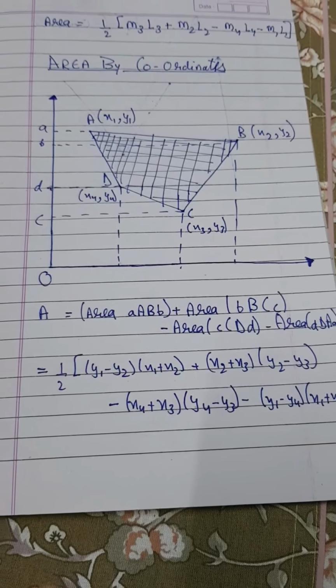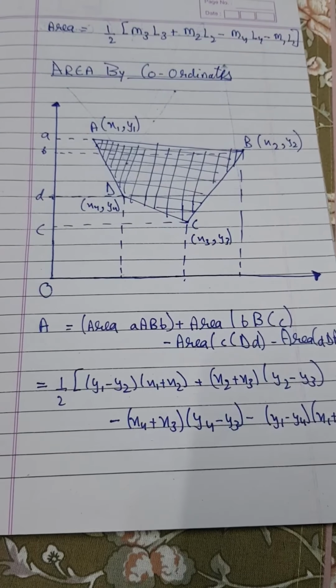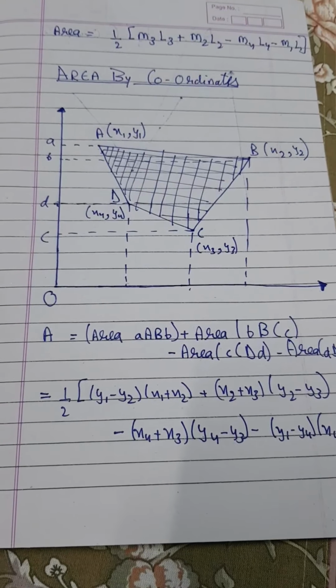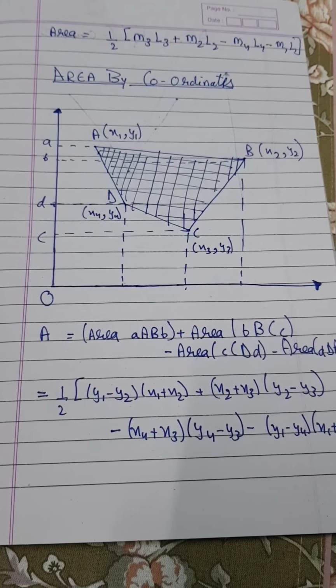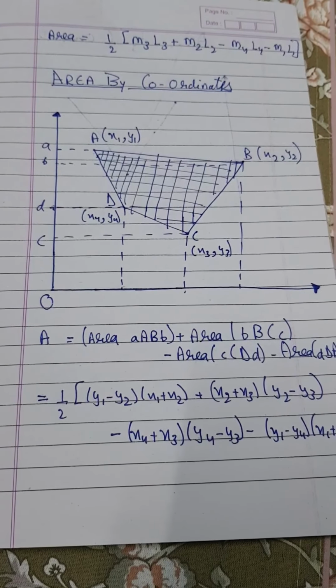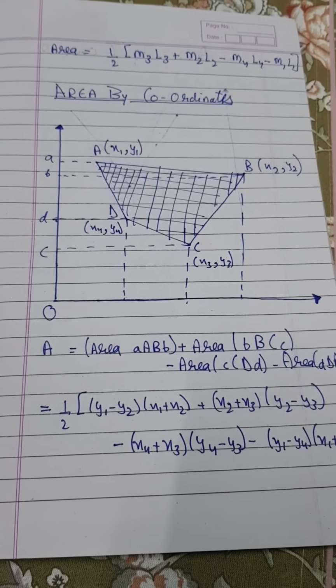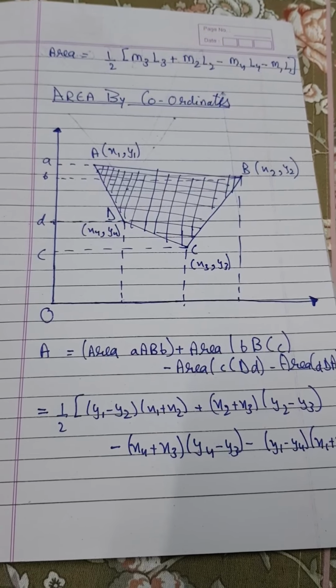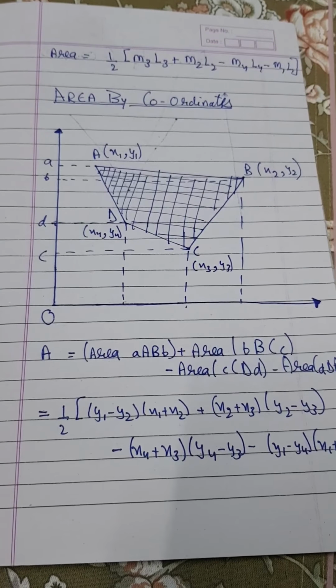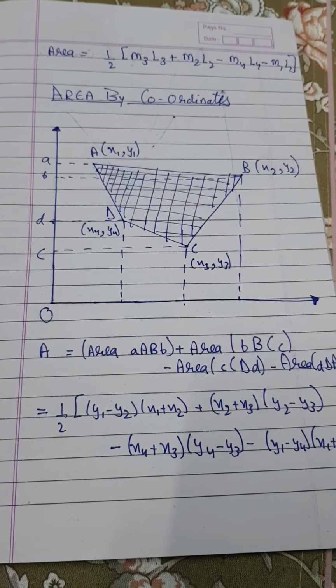Area by the coordinates. Here, let us see through this figure only. Let x1, y1, x2, y2, and x3, y3, and x4, y4 be the coordinates of the stations A, B, C, and D, respectively of a traverse ABCD.